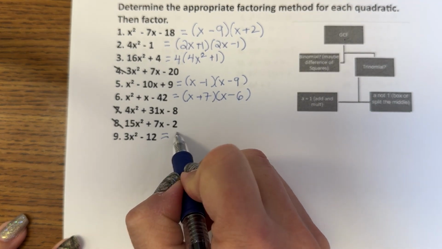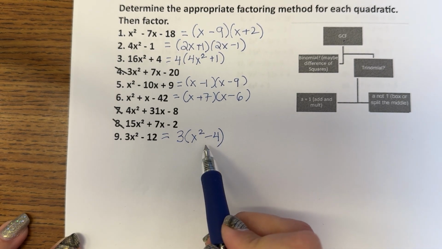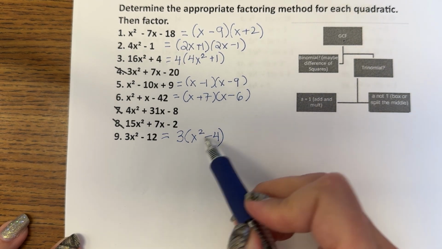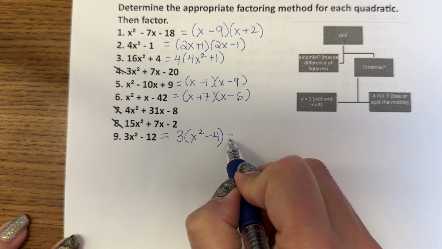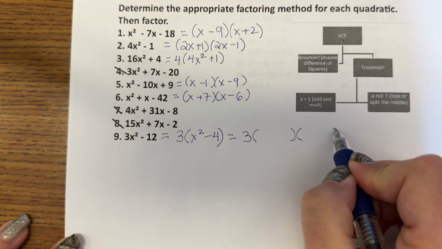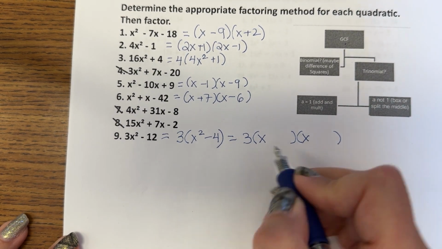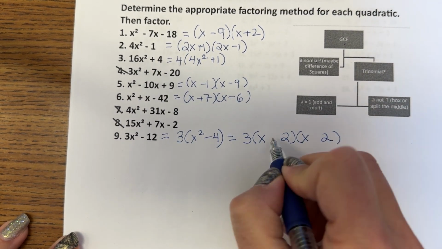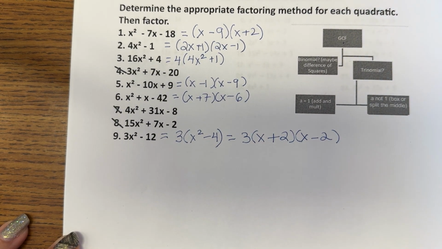We can factor out a 3. I'm left with a binomial. Is it a difference? It is subtraction. Is it perfect squares? It is. We can factor more. What times itself is 4? It is 2. I need a positive and a negative. Those are conjugates, same binomials, opposite signs.